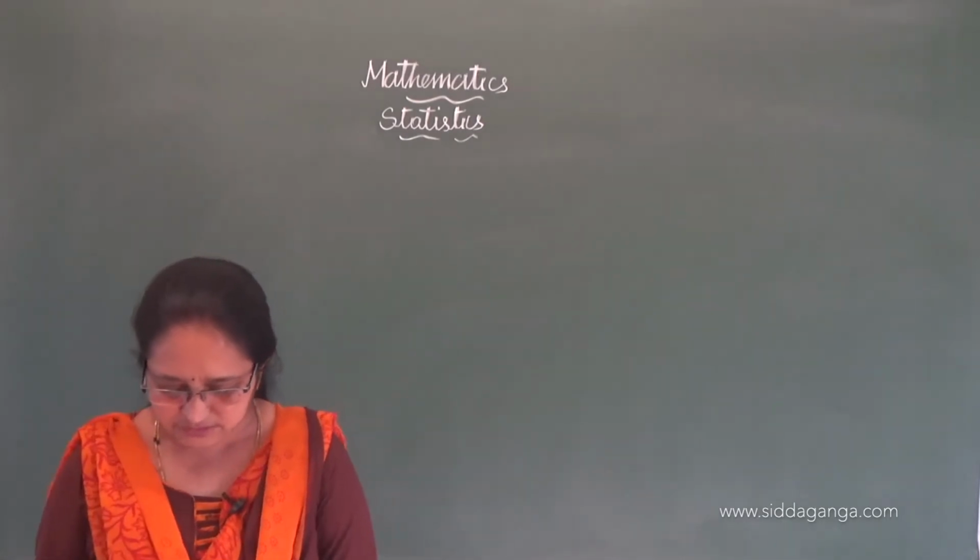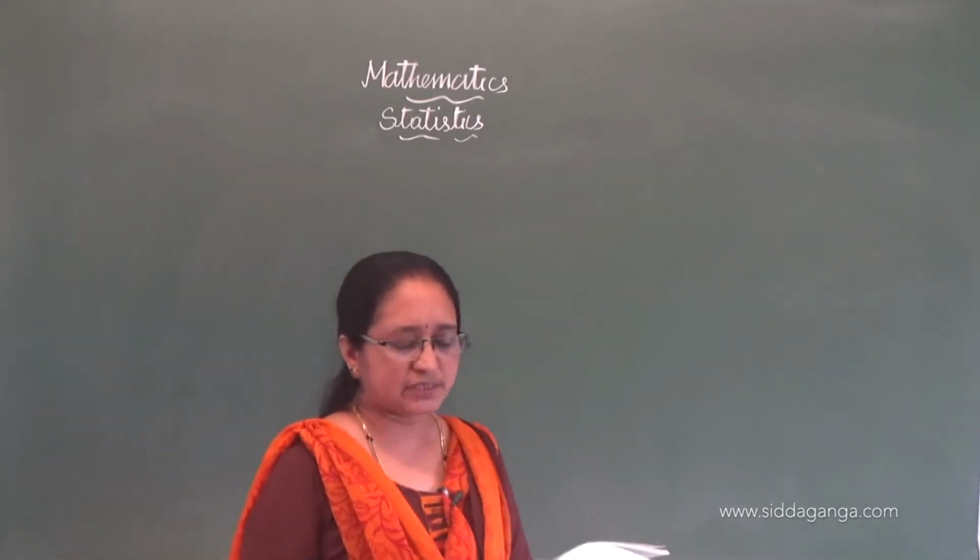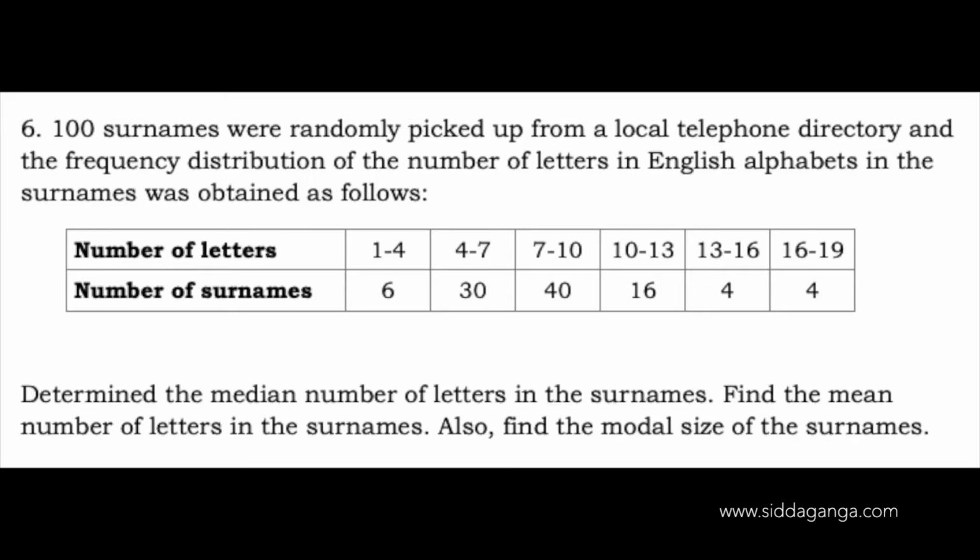So let us start working this sixth problem. First let me read the problem. 100 surnames were randomly picked up from a local telephone directory, and the frequency distribution of the number of letters in the English alphabets in the surname was obtained as follows.